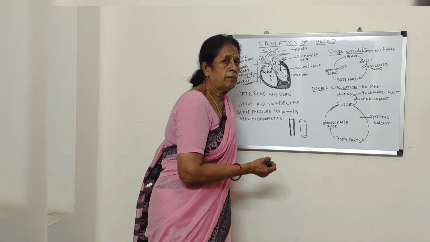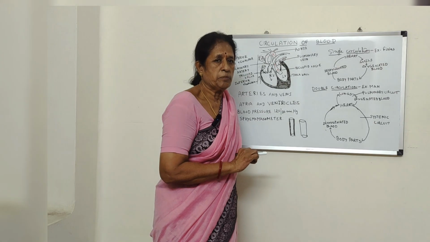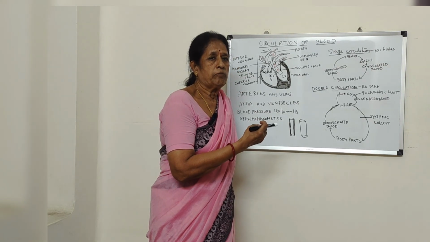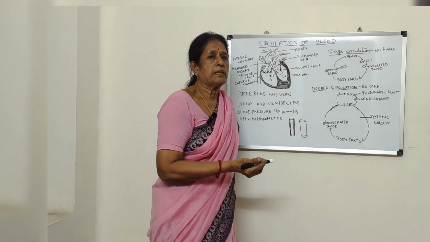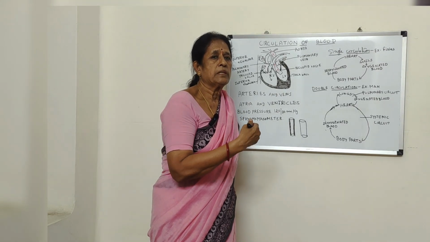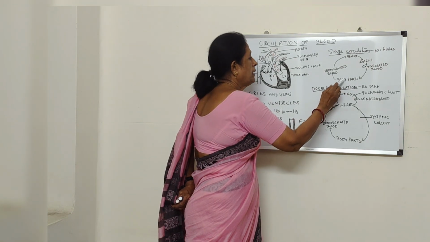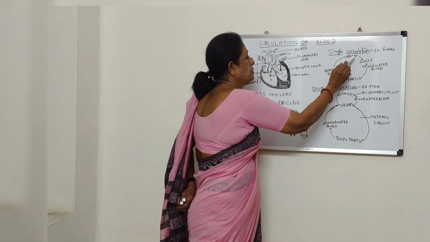We have already discussed that the fish always opens and closes its mouth very frequently. When it opens its mouth, water containing oxygen enters, and in the gills the blood gets oxygenated, and the water containing carbon dioxide goes away. So from the body parts, the deoxygenated blood is collected by veins and goes to the heart.